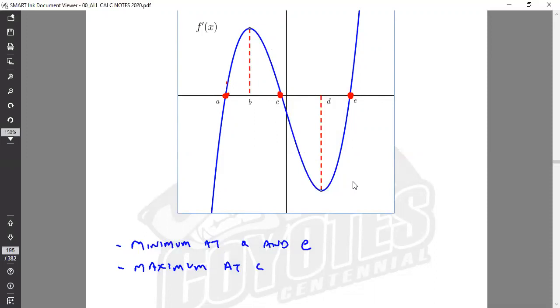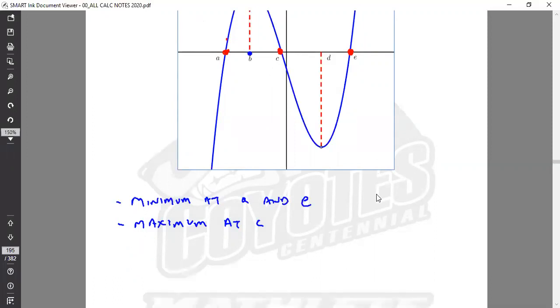What else do we have going on here? At B, our first derivative has a flat point, which means the slope of our first derivative is 0, which means the second derivative at B is 0. So at B, what do we have?